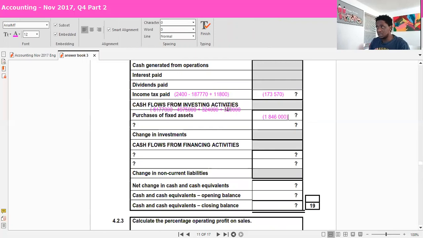In this case, this is an outflow, because if you're buying additional fixed assets, you're spending money. So if you're spending money, then it becomes an outflow.